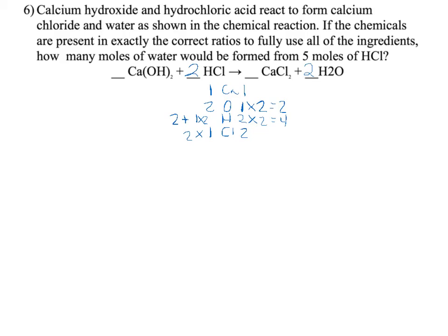If we look and reassess, our calciums are balanced, our oxygens are balanced now, our chlorines are balanced. We just need to check our hydrogen, which is a little bit more complicated. So we have 2 times 2, which is 4 hydrogens on the product side. And then we have 2 plus 1 times 2. 1 times 2 is 2. So 2 plus 2 also equals 4. So this equation is now balanced.